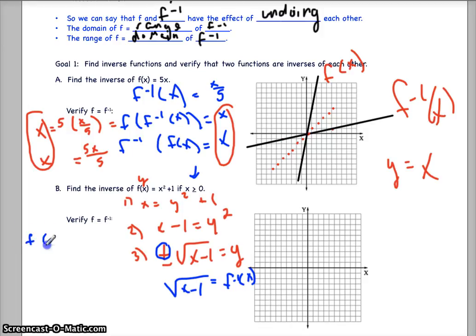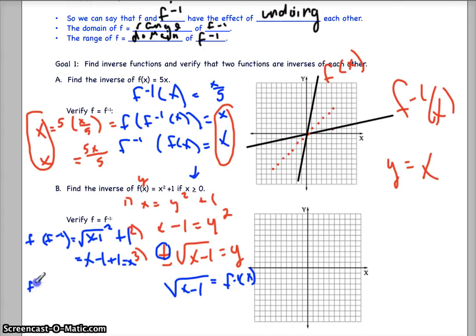So f of f inverse. If I plug the square root of x minus 1 into x, that's the square root of x minus 1, squared, plus 1. When we square the radical, it cancels, and we have x minus 1 plus 1, which is equal to x. We verified there.